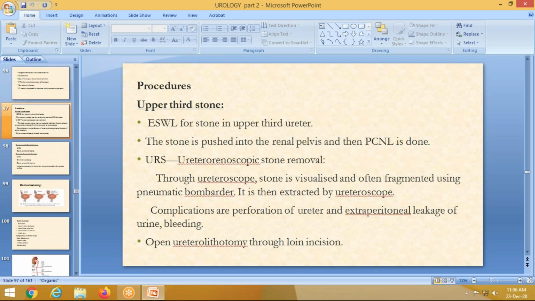That is called open ureterolithotomy. You have to open the abdominal cavity, identify the location of the ureteric obstruction, and remove the stone by the open method: incise the ureter, open the ureter, and take out the ureteric stone. Okay.